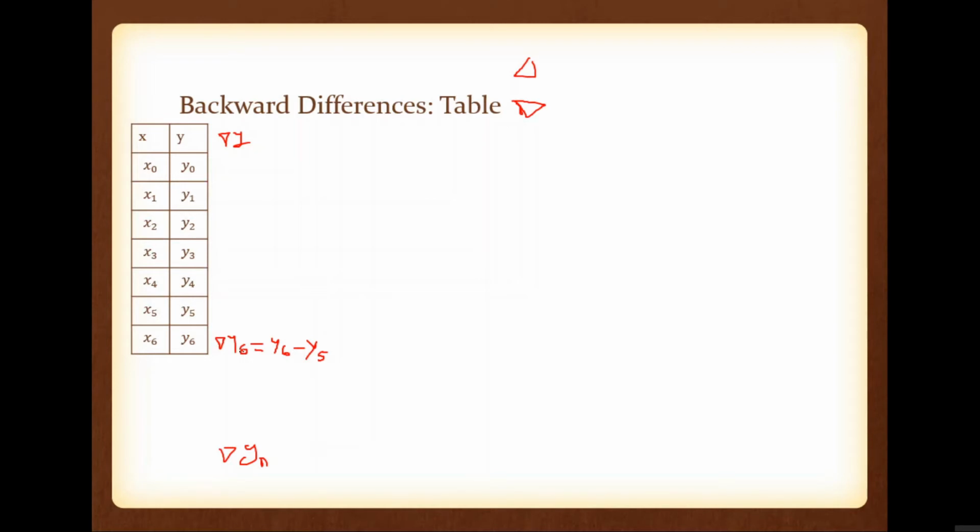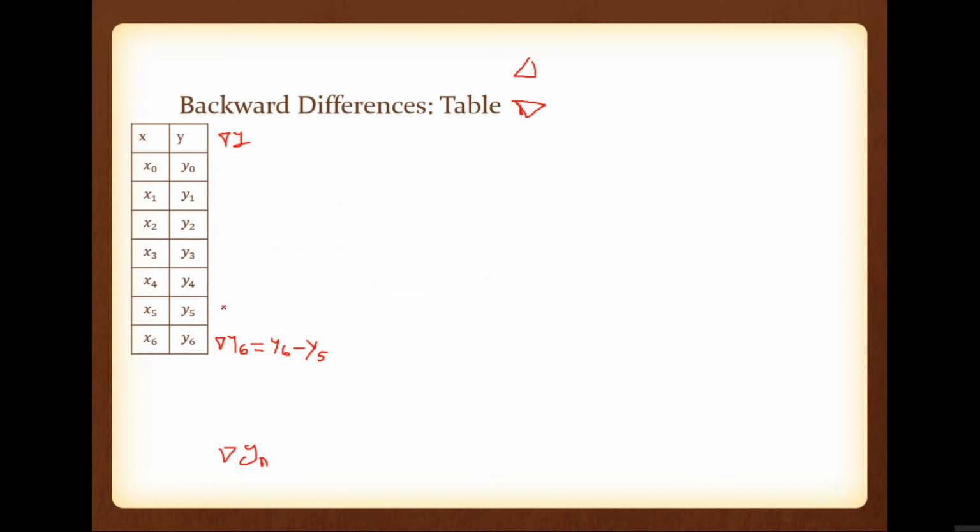Backward difference means current minus the past. Forward means future minus current, or next data minus current data. Current data minus previous data is backward difference. So del y6 is equal to y6 minus y5.